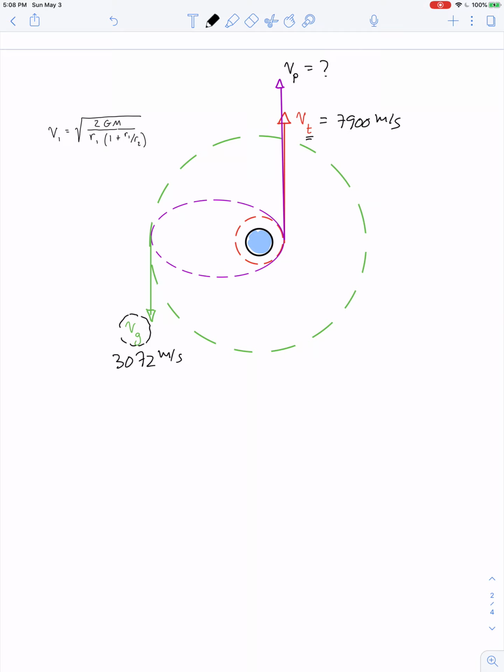We need to find the speed at perigee for not this red track that represents a circular orbit, but for this purple track that represents the elliptical orbit. And there's another velocity we don't have in here.